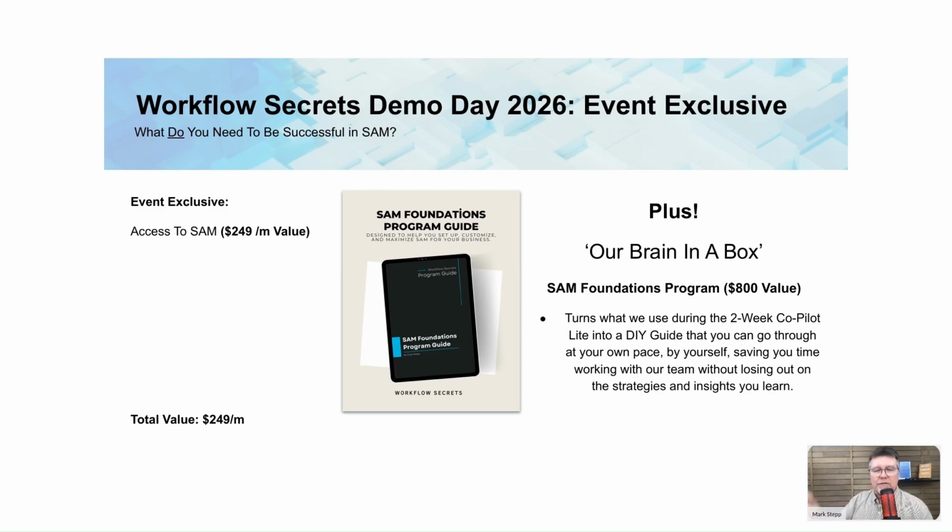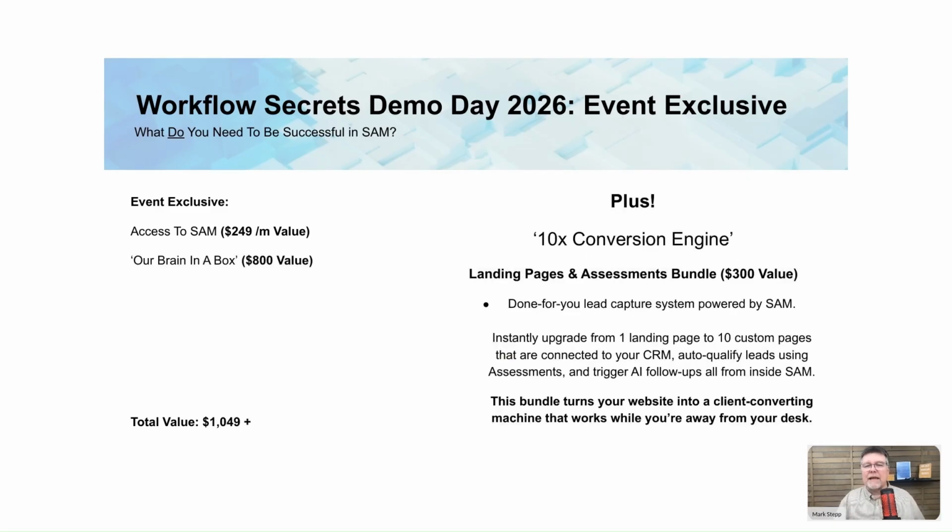We spend a lot of time going through different things, but we've nailed it down to: here are the things that you need to do, here's the process that you need to do. And normally, that would be an $800 value because it comes with us. We're actually including that piece with this. So it's definitely of value there.